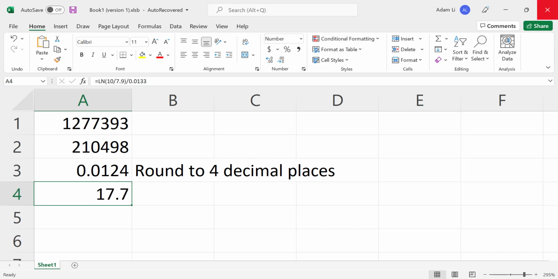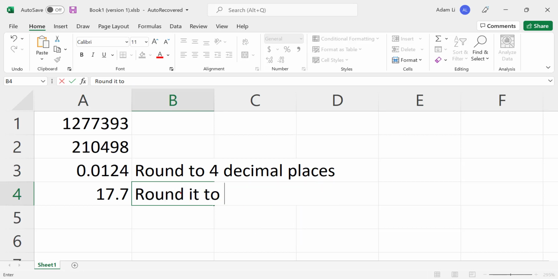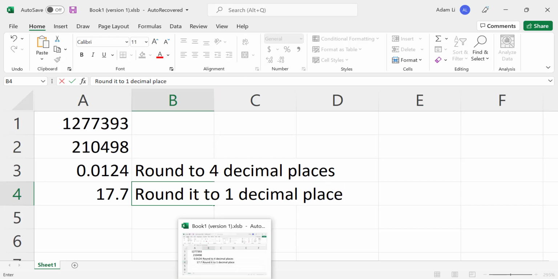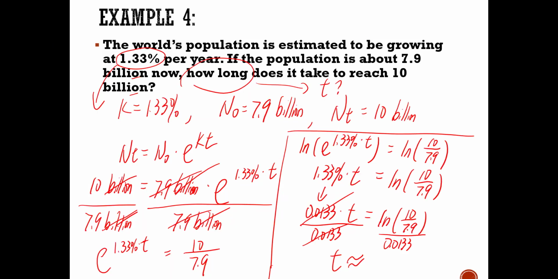That's how long it takes. For time t, round to one decimal place. So 17.7 years is the answer we're looking for.